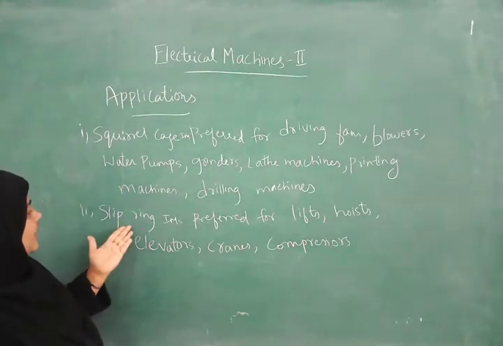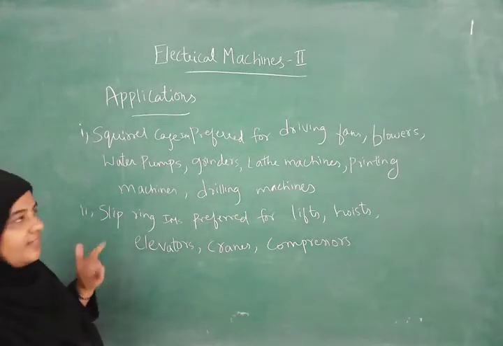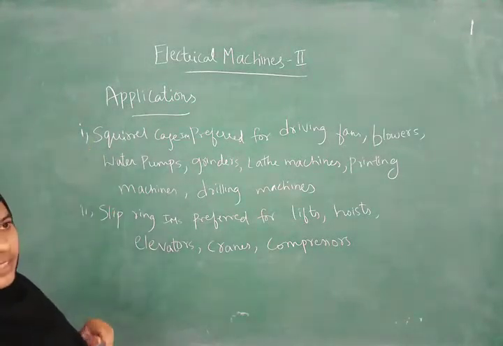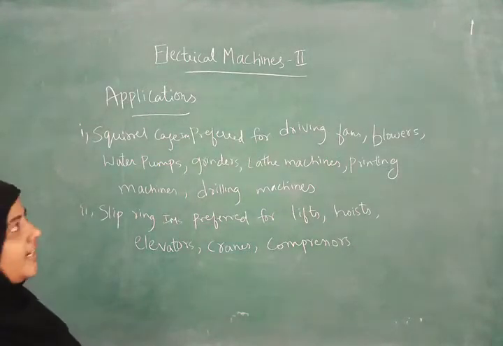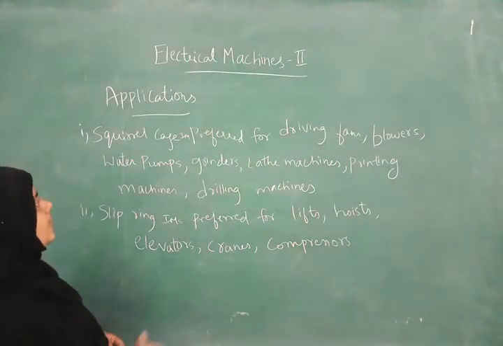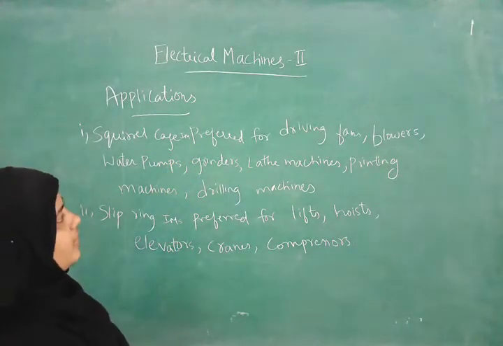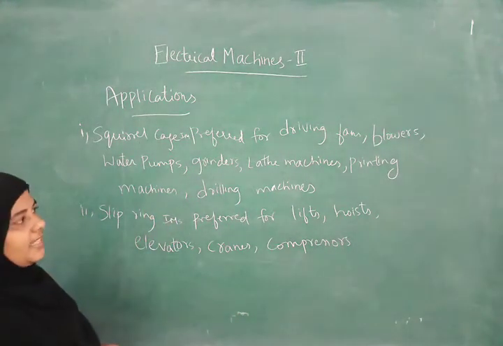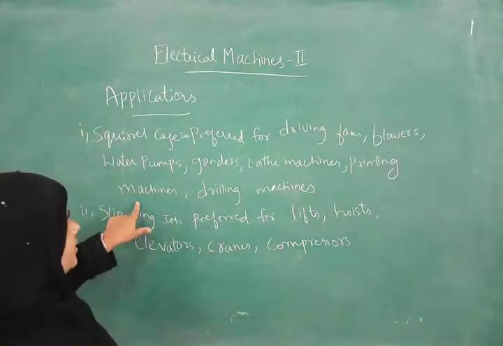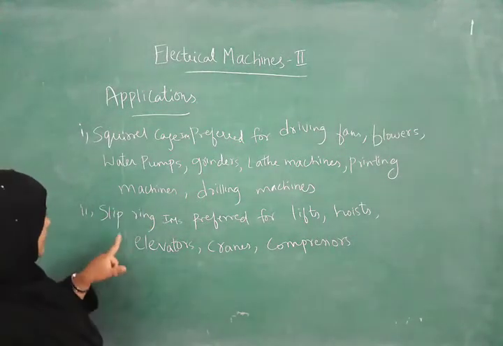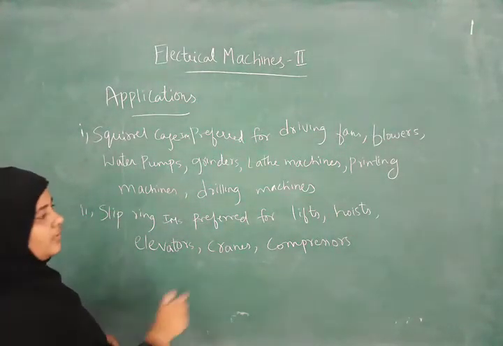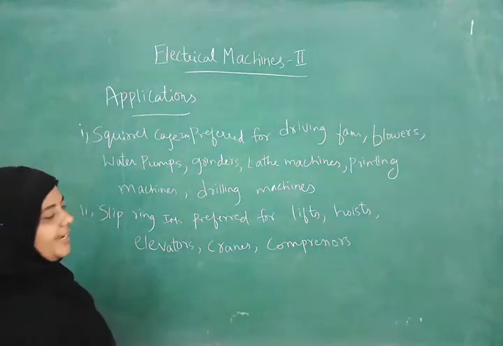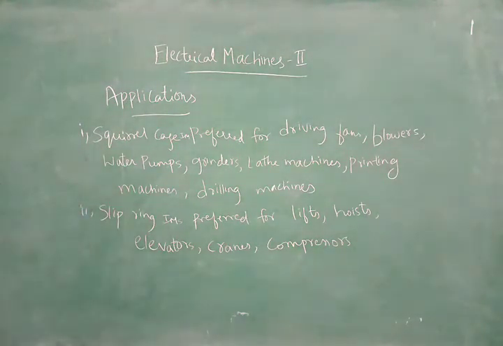So the starting torque of slip ring induction motor is very high, whereas squirrel cage motor has a moderate starting torque. Squirrel cage induction motors are preferred for driving fans, blowers, water pumps, grinders, lathe machines, printing machines, drilling machines, etc. Whereas slip ring induction motors are preferred for lifts, hoists, elevators, cranes, compressors, etc.